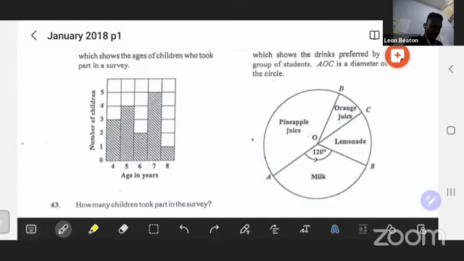Age 4, we see 3 children, age 5 we see 4 children, age 6 we see 2, age 7 we see 5, and age 8 we see 1. So we add up all of these children to get the total. 3 plus 4 is 7, 7 plus 2 is 9, 9 plus 5 is 14, 14 plus 1 is 15. So 15 children took part in the survey, which is B.